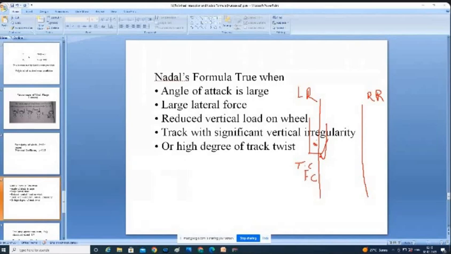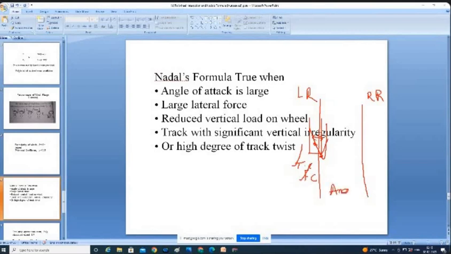If you join these two together and make an angle with the vertical, this angle is called the angle of contact. Angle of contact means the line joining tread contact and flange contact; its inclination with reference to the vertical is called the angle of contact.